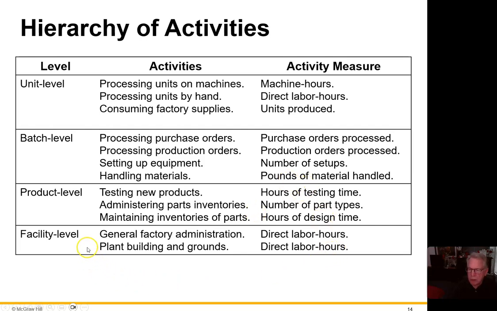Okay, then if I move to the facility level, I'm looking at general factory administration and maybe plant building and grounds, and perhaps we use direct labor hours to allocate that. In some cases, if we have maintenance people cleaning up the areas, the different departments, we could use the square footage in each of those departments.